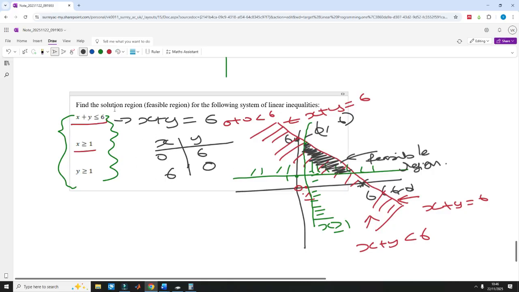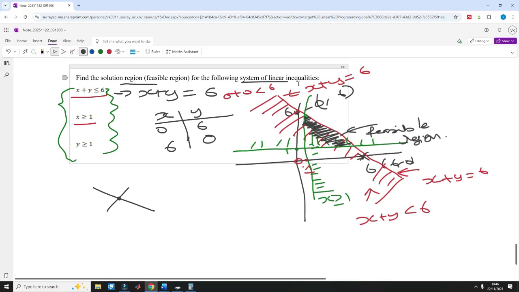So what we did is find the solution region for the following system of linear inequalities. Before, we tried to find the solution for a system of linear equations, isn't it? Which is nothing but two straight lines, and then we pick the point of intersection of those two straight lines. Now what we did is find the solution region for a system of linear inequalities. So we find the common region, sometimes called the feasible region.